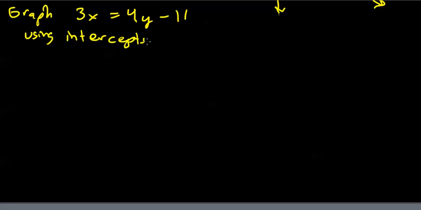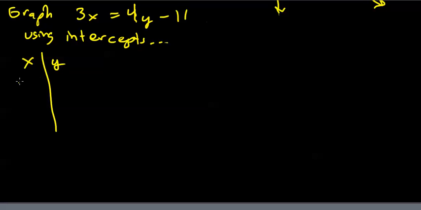I get a little nervous when I see 11s and 4s and 3s, and I think there's no way around it that I'm going to end up with fractional values for my intercepts, and that can happen sometimes. So let's do our best in sketching the graph by hand to deal with some fractional coordinate values.